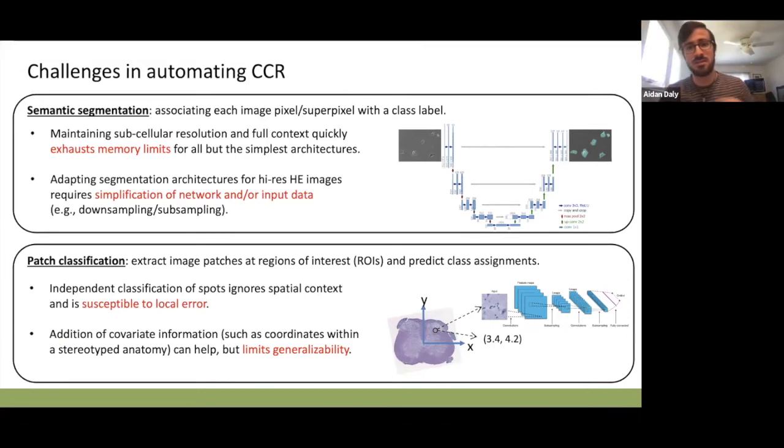One is a semantic segmentation approach, which is basically, can we associate each image pixel or superpixel with a class label? On the surface, this is exactly what common coordinate registration is. On the right here, we have a diagram of UNet, which is a popular segmentation network where we take an input image, in this case a bright field image of some cells. We put it through a couple convolutional layers, which scan the image and extract some higher level features from it.